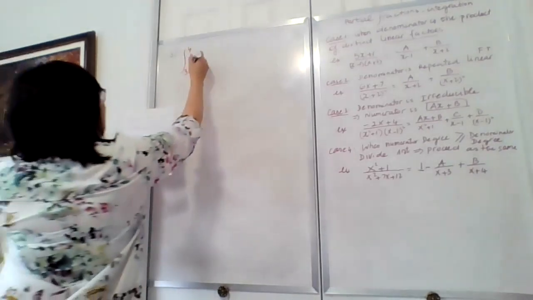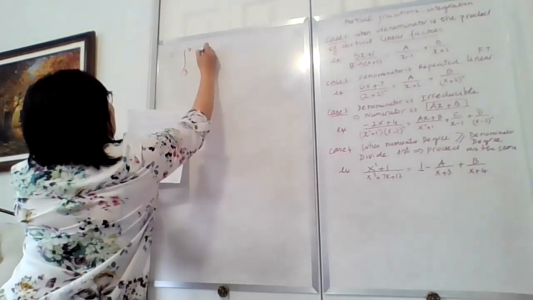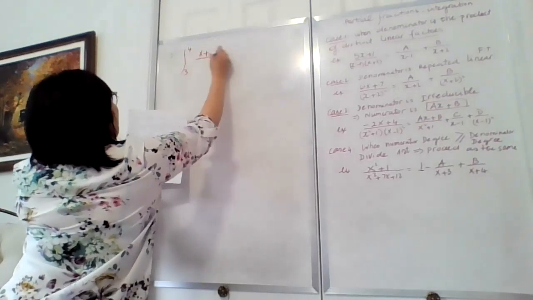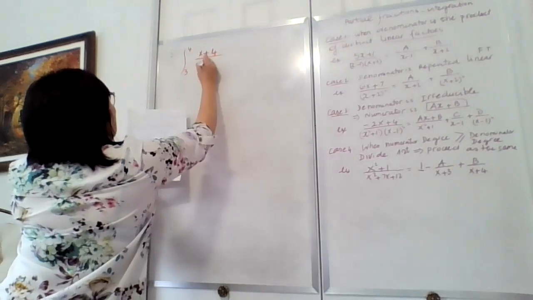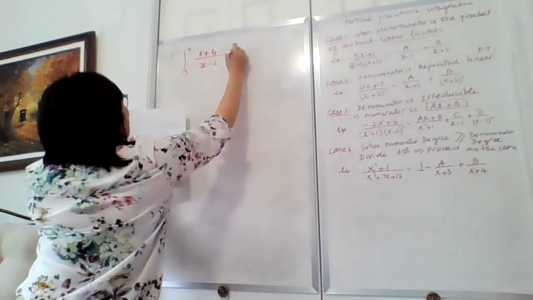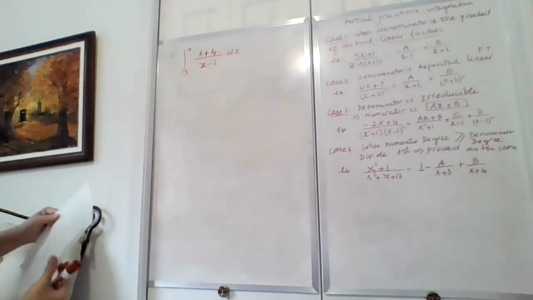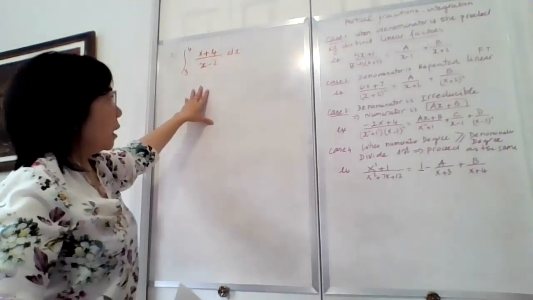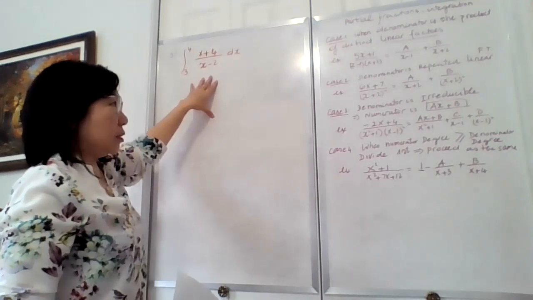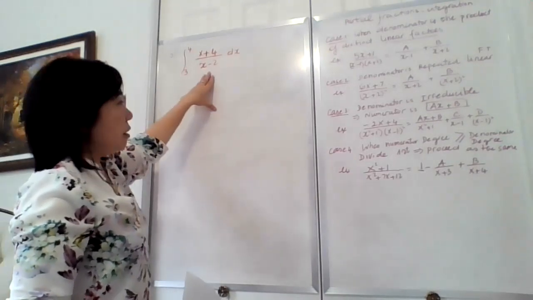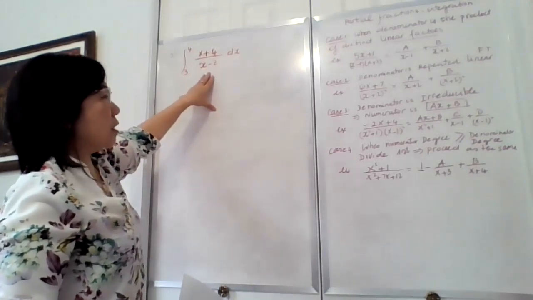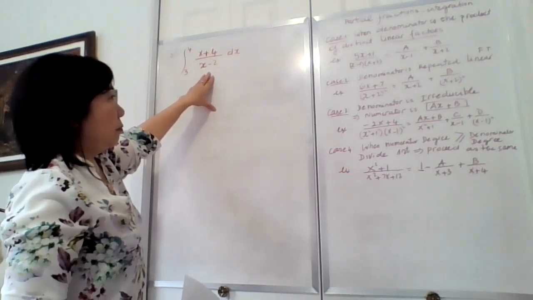This is not black ink, but I hope it's dark enough for you to see. x plus 4 divided by x minus 2 dx. Okay, so how are we going to do this? And what case will we use? This is linear, like the first case.